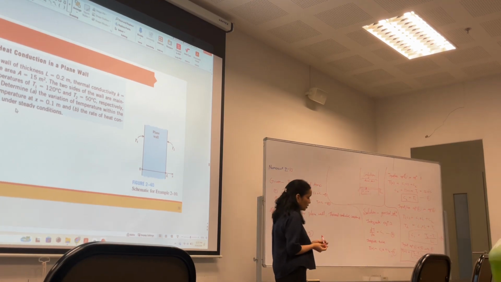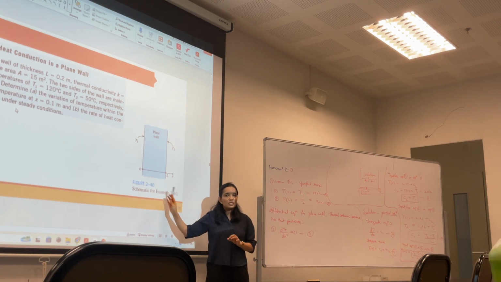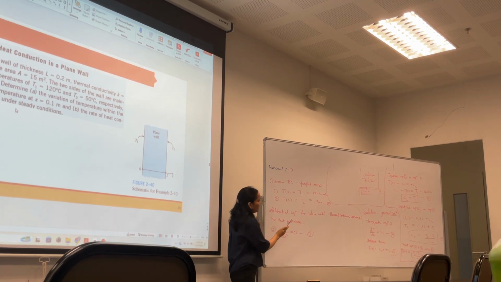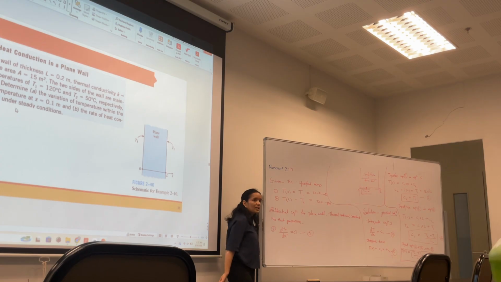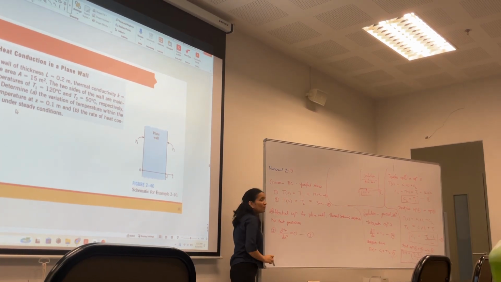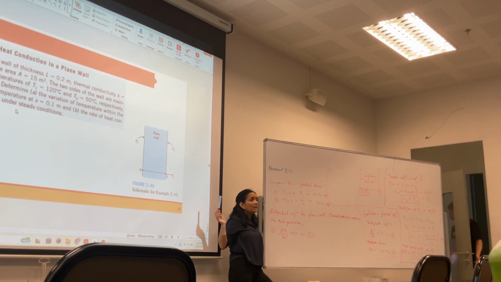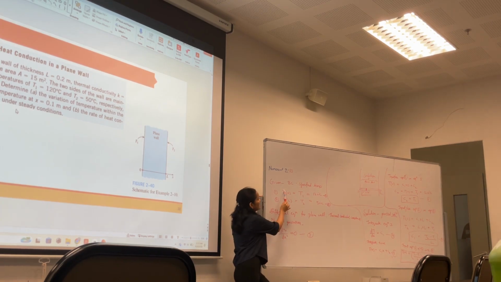Okay, so what we did, first you read the question, right? This is a plane wall, and the plane wall has constant thermal conductivity and no heat generation. So this is a normal equation that can be applied to any plane wall which has these two conditions. But in this case, the plane wall has these two boundary conditions.